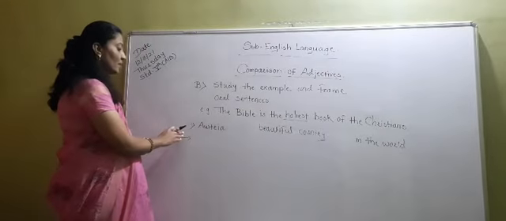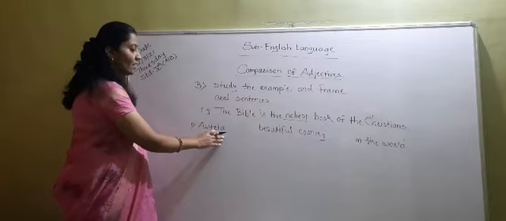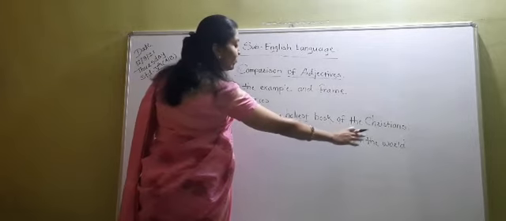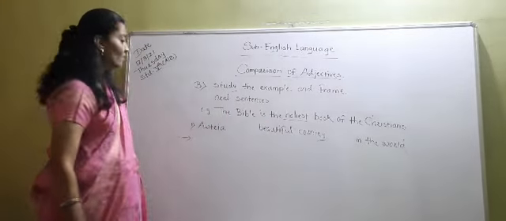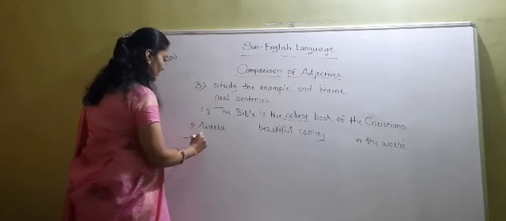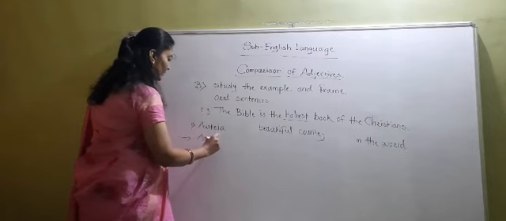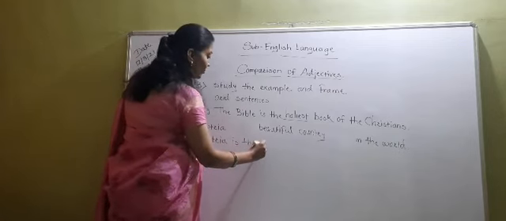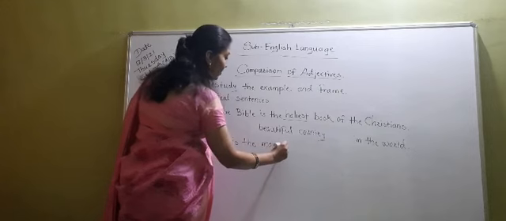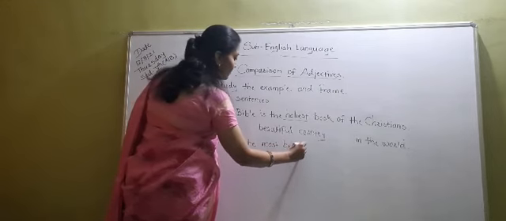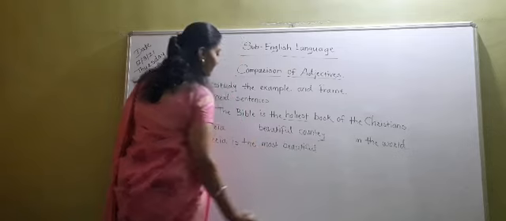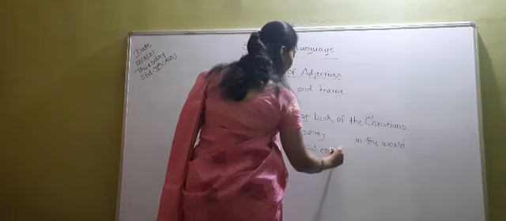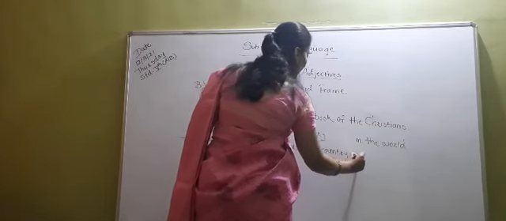Okay. Now see, the first example is given here, Austria, beautiful country in the world. So you have to form the full sentence. Austria is the most beautiful country in the world.